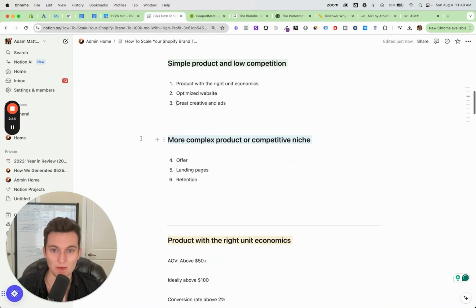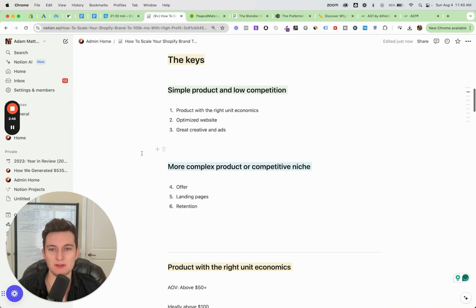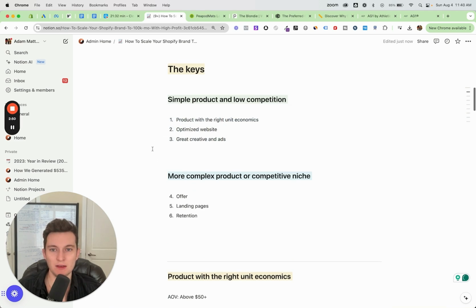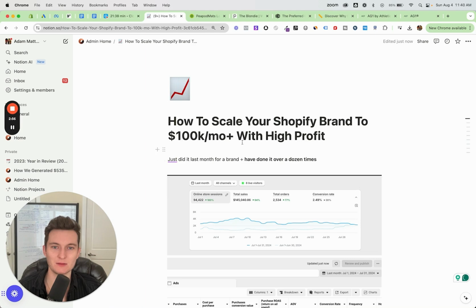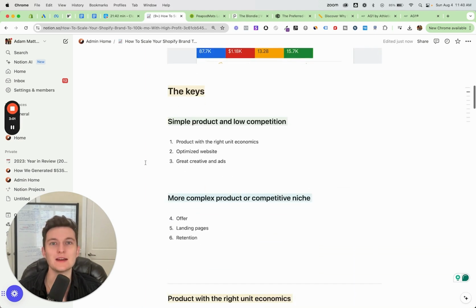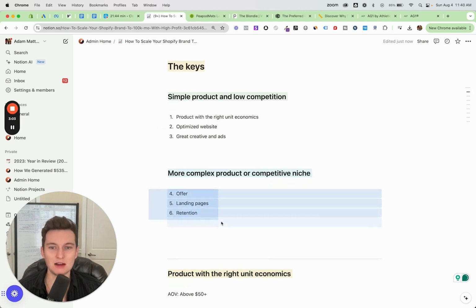Now, with a more complex product or competitive niche, if you only focus on these three, you're going to end up hitting a cap. And now don't get me wrong, you could just keep pushing and scale to $100,000 a month. But the problem is you're not going to have high profit. So in order to get to the high profit, you will need to dial in an offering that is more scalable and is going to allow you to drive higher ROI more cheaply.